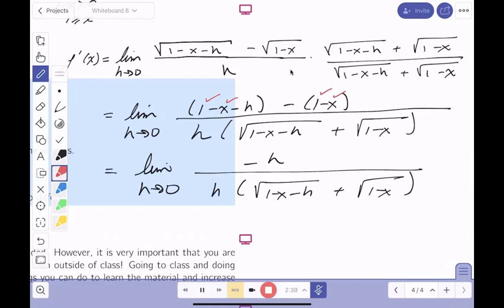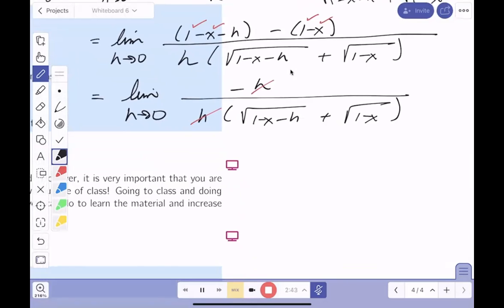Well, h is not 0. So these cancel off, leaving the minus 1. Can I do that limit now? Yes. And what do I get? Minus 1. We'll check it in the key later. If h goes to 0, I get the root of 1 minus x plus the root of 1 minus x. This turns out to be minus 1 over 2 root 1 minus x.